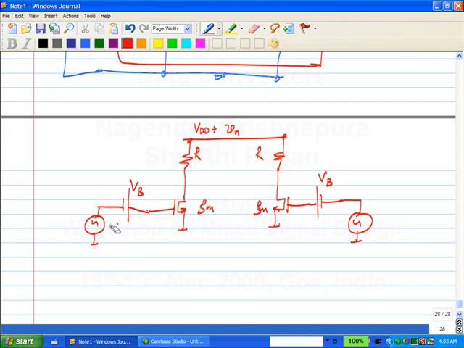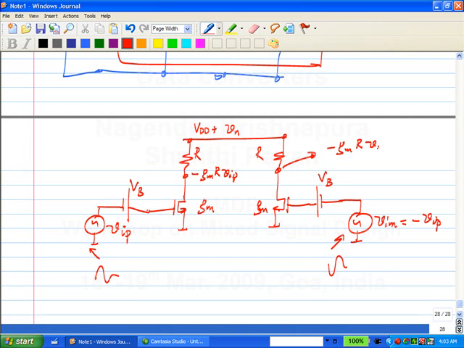I'm going to operate this with a signal like this, and I'll operate this with VIM, which is minus Vi. Right? In other words, something like this. So, the incremental voltage here will simply be minus Gm R VIP, correct? And this voltage incrementally will be minus Gm R into VIM.